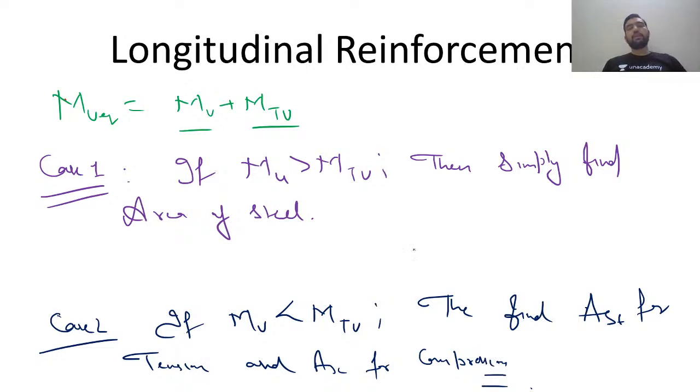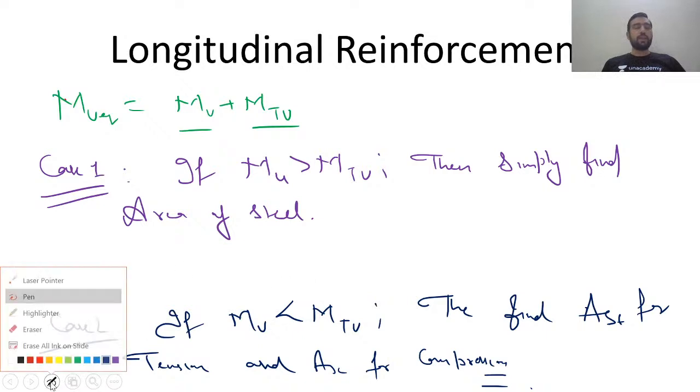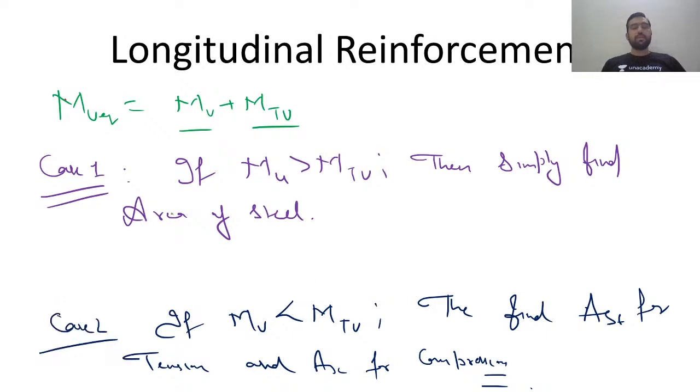So if Mu is greater than Mtu, then not an issue. Then we have to find simply the area of steel corresponding to the tension side.